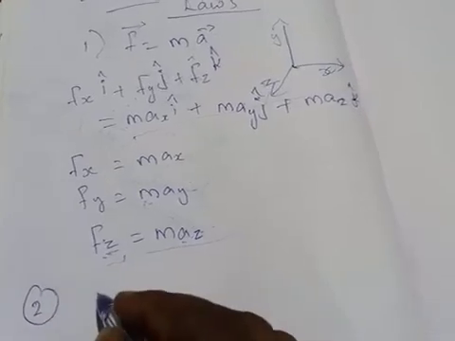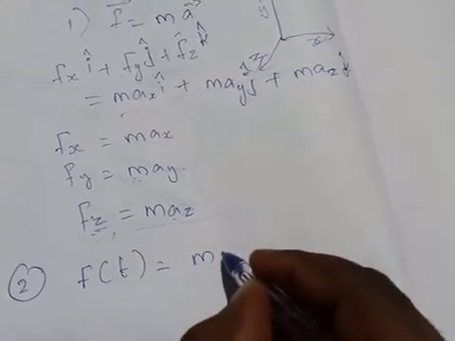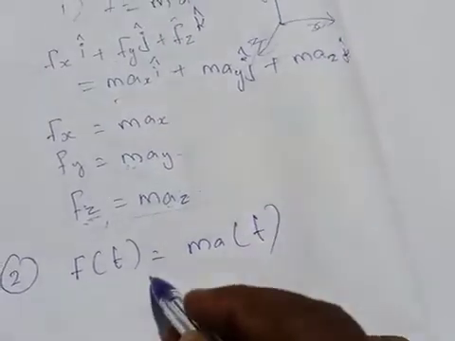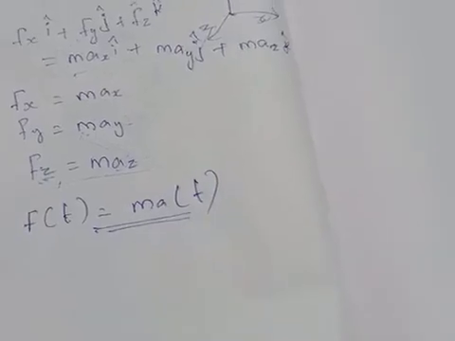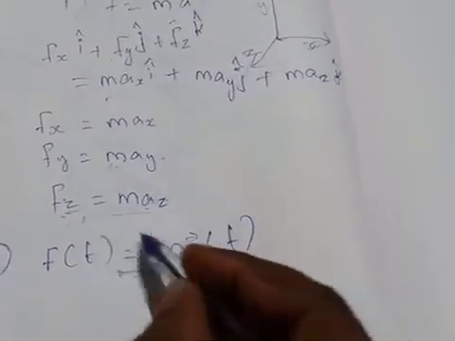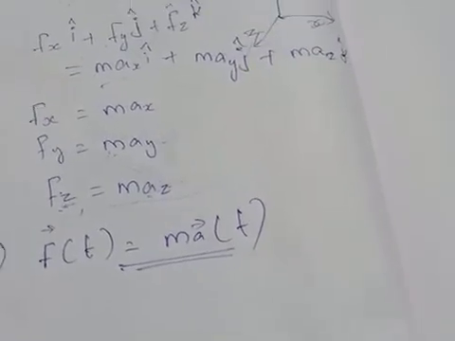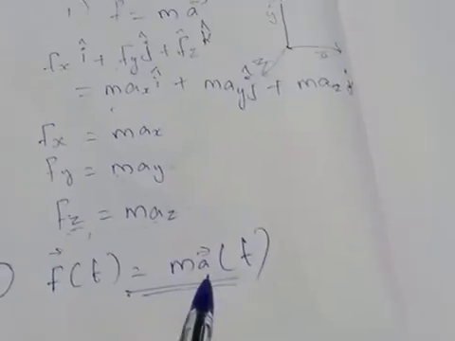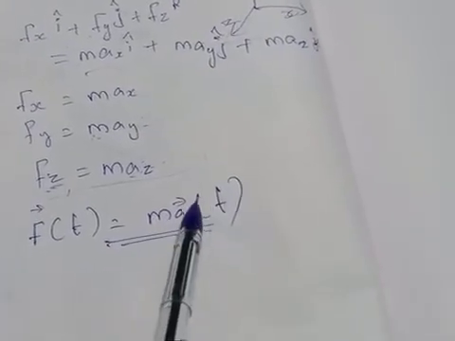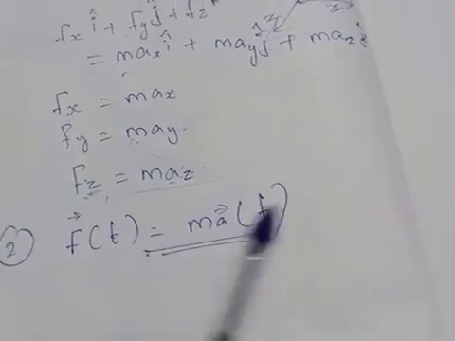Now the second point is F of t is equal to m a of t. The acceleration experienced by a body at time t depends upon the force which acts on the body at that instant of time.